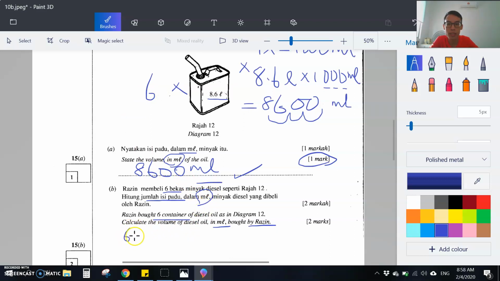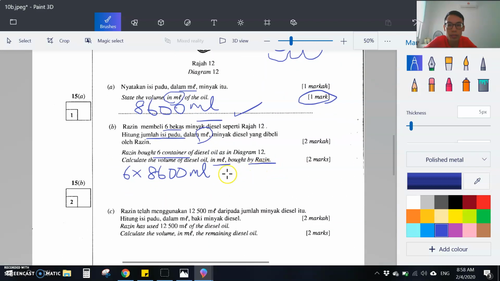So 6 times 8600 ml. Tadi kita dah tukar 8600. So 6 times 8600 ml. 6 times 0, 0. 6 times 0, 0. 6 times 6, 36.